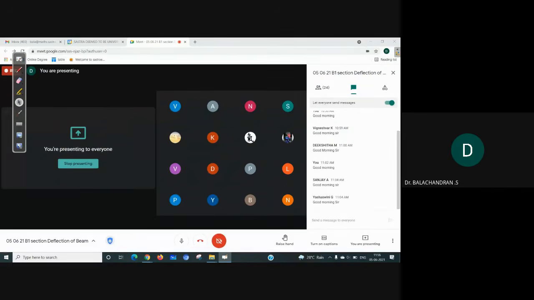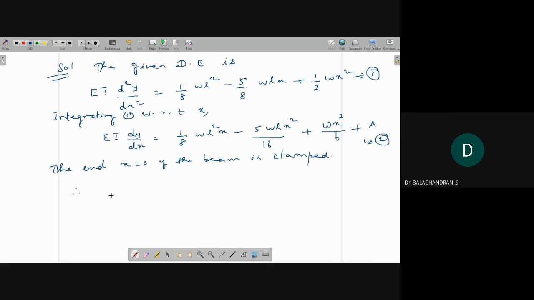Yashashwini, can you tell? dy by dx is 0. Yes, correct. So therefore, when x is equal to 0, dy by dx is equal to 0. Okay, there is one more condition for a fixed end, but I need only this because I have here only dy by dx.